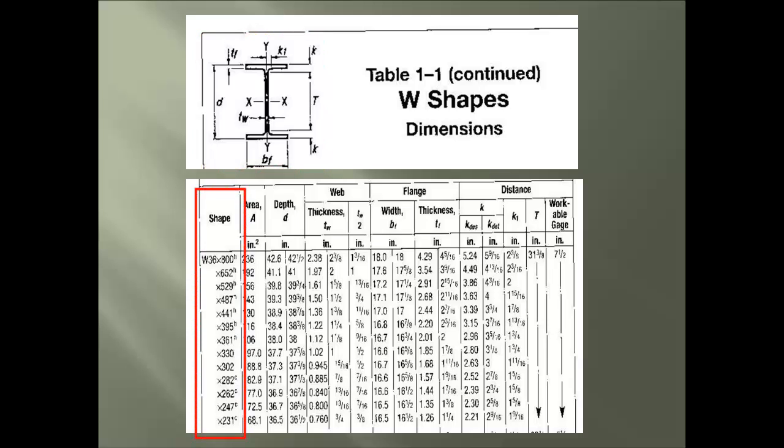First column covers the member size. Next column gives the area of the member being used. You notice the letter D, which stands for the actual depth of the member.